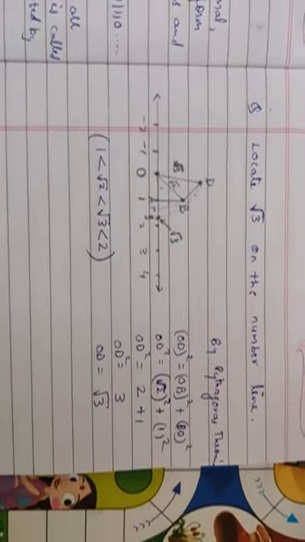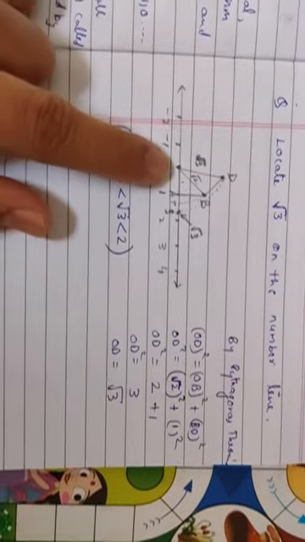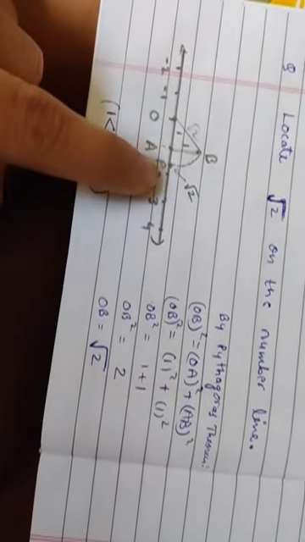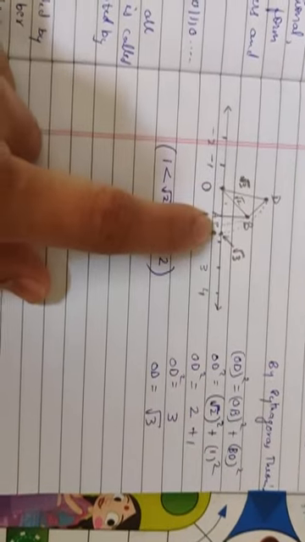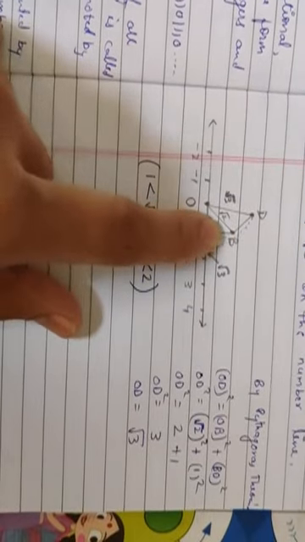In the same way, we can locate root 3 also on the number line. In the same process, first of all we need to locate root 2 at point P. Then OB would be the distance of root 2.